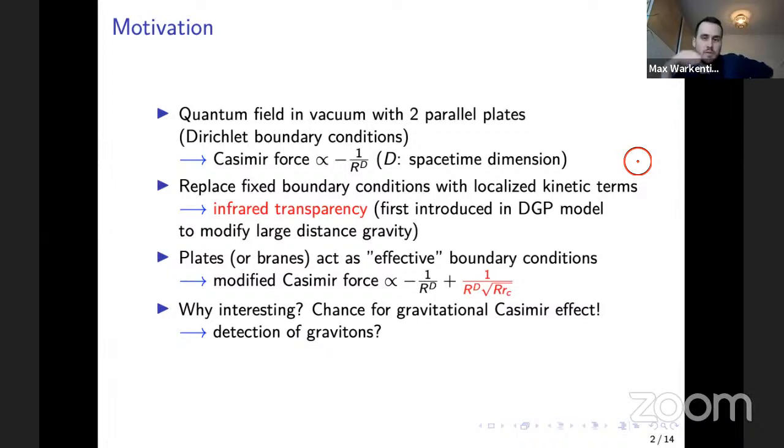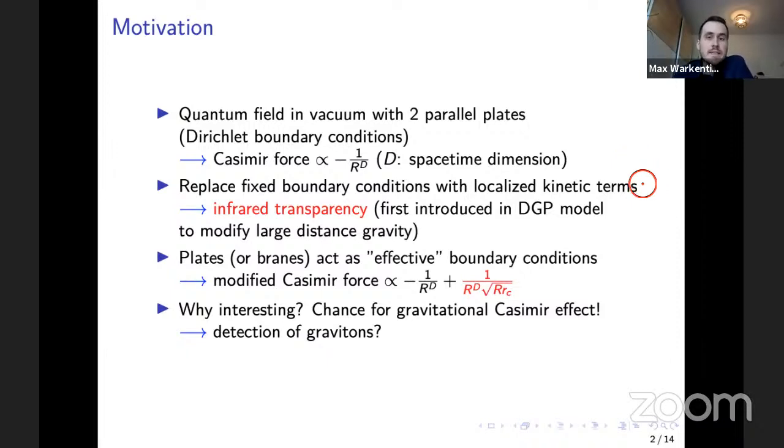Therefore, in my talk, I will briefly review the DGP model and explain this infrared transparency phenomenon, and then I will show you the calculation to find the Casimir force in this model. We will see that indeed the plates, or the branes, act as effective momentum dependent boundary conditions.